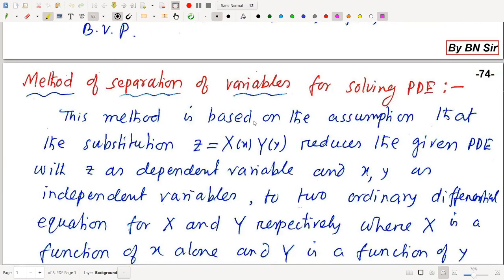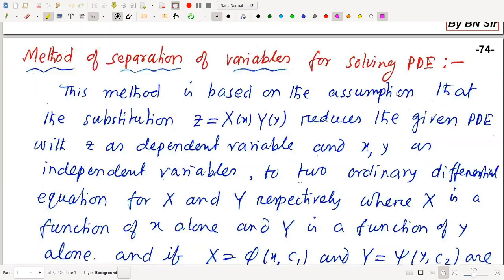Now, the method of separation of variables for solving PDEs, boundary value problems or initial value problems.